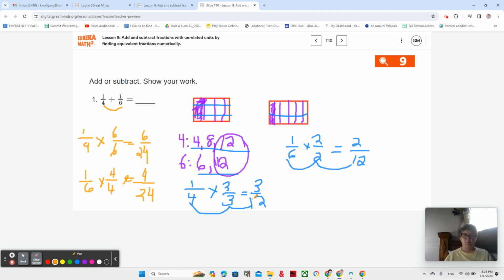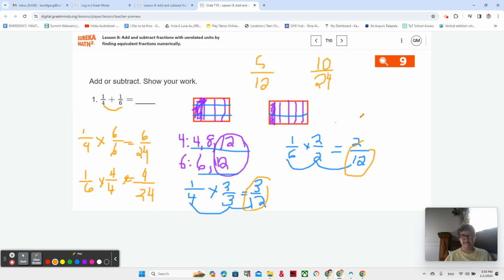So here we changed them to twelfths. So we can add 3/12 plus 2/12. That would be 5/12. Or we could do 6/24 plus 4/24. That would be 10/24.